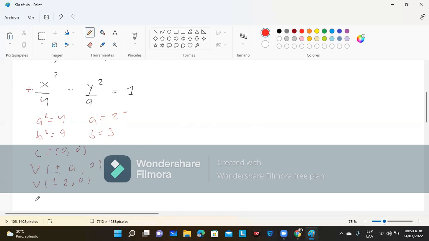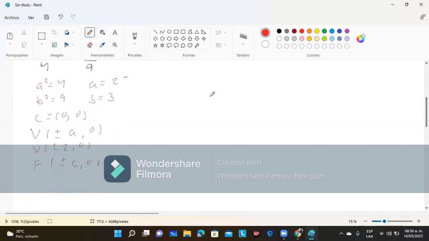For the foci, they are plus or minus c, comma 0. So first we need to identify c. c squared is equal to a squared plus b squared, so c squared is equal to 4 plus 9, which is 13. So c is equal to the square root of 13.